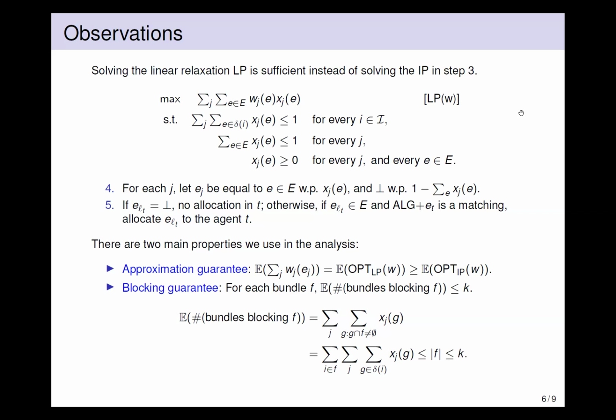Okay, and then this you can write equivalently in the way below, right? So now you take the summation over every item in F, which is the fixed bundle. Then you sum over every agent, and then you look at every hyperedge incident to the item, right?